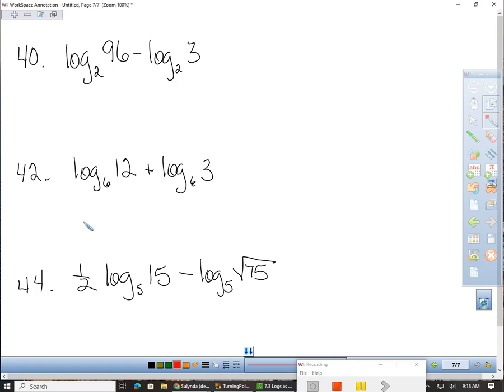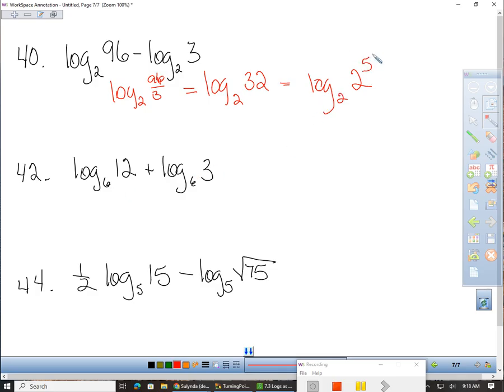So number 40, first of all, in the log world, when we subtract, we really divide. So we get log base 2 of 96 divided by 3. 96 divided by 3 is log base 2 of 32. Now 32 can be rewritten as 2 to the 5th power.